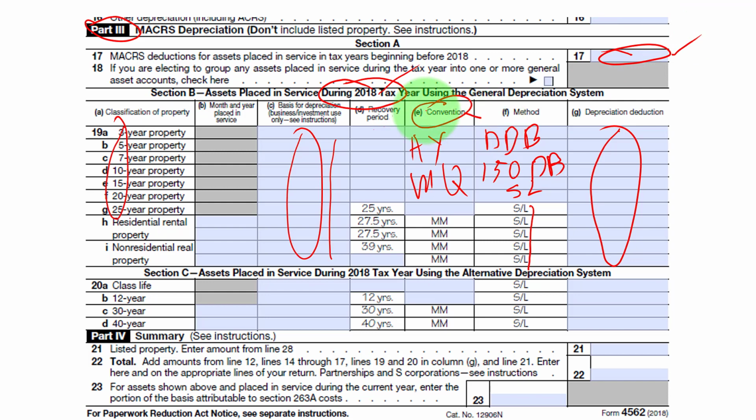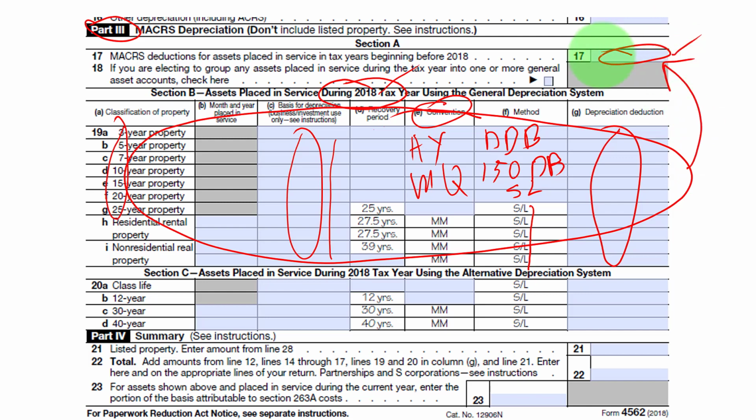In fact, eventually all of these 2018 calculations will be done on next year's return on a separate worksheet and then just lumped together in one figure for previous years' assets being depreciated for the current year.